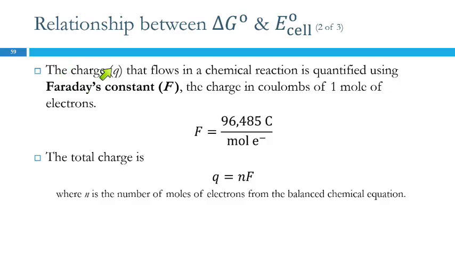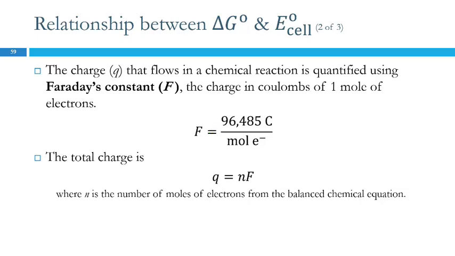So the charge that flows in a chemical reaction, like how many electrons are flowing, right? We quantify that using something called Faraday's constant. This is the charge of 1 mole of electrons measured in coulombs. So 1 mole of electrons has a charge of 96,485 coulombs.